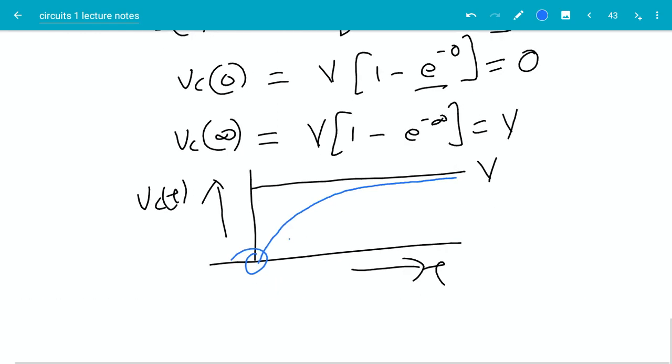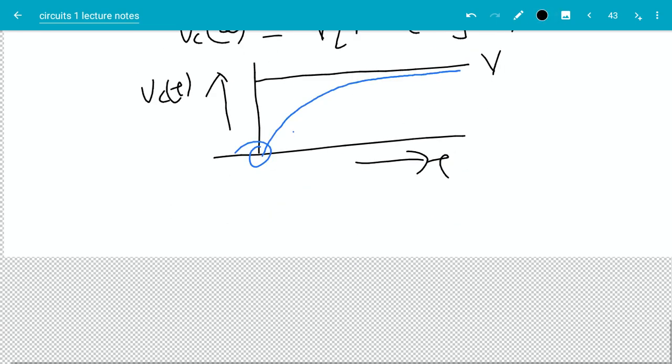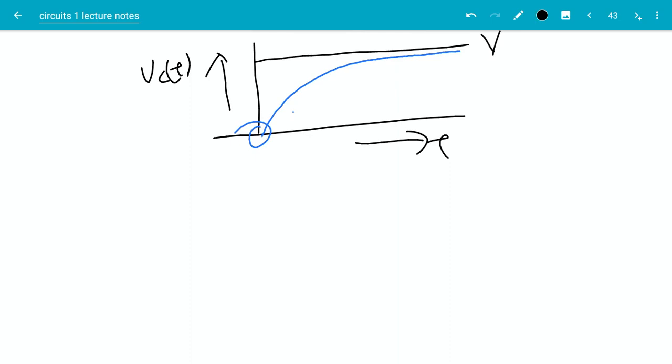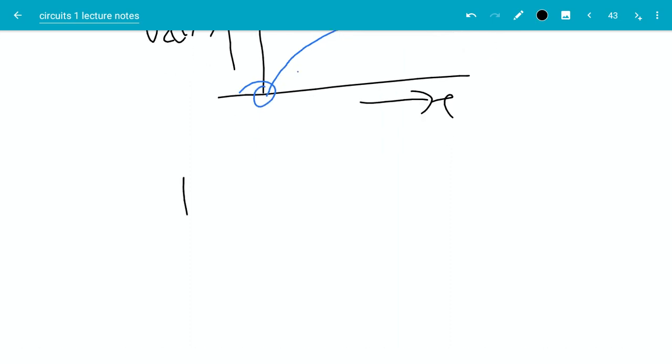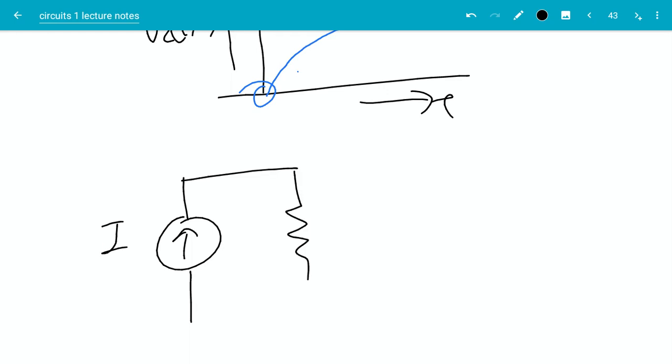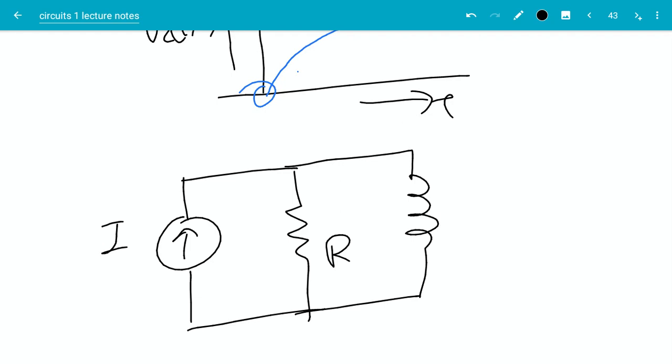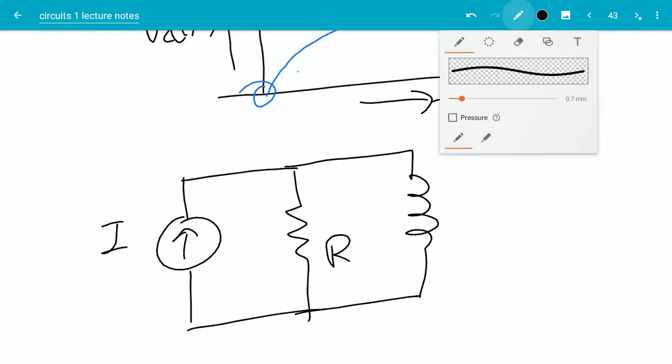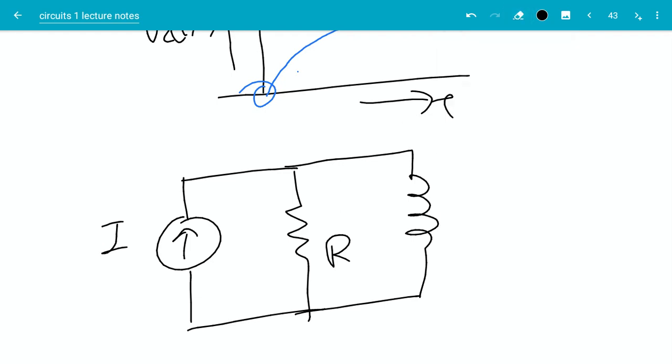Okay, now you can do a similar derivation for RL circuits. Let's consider a circuit where you have a DC current source, a resistor R in parallel, and then an inductor. Okay, and let's say there was a switch here like that, and then the switch is closed at t equal to 0.